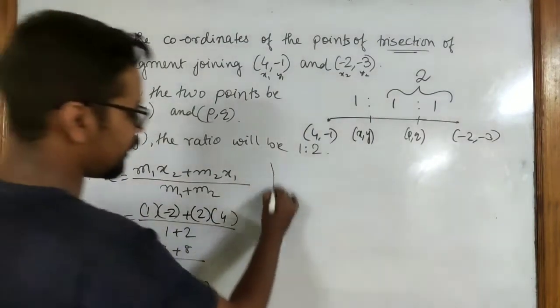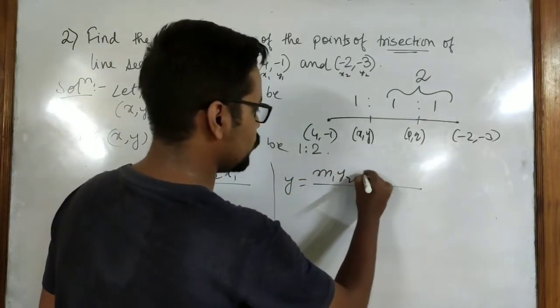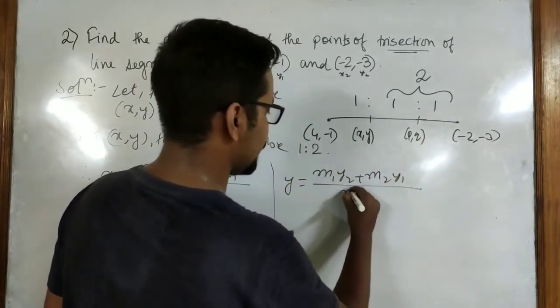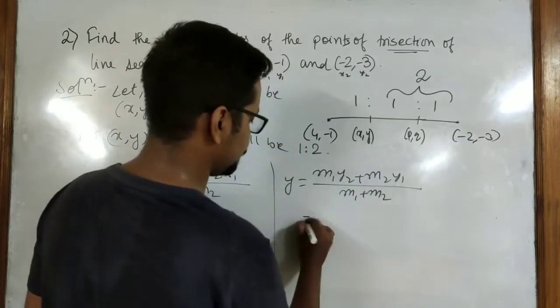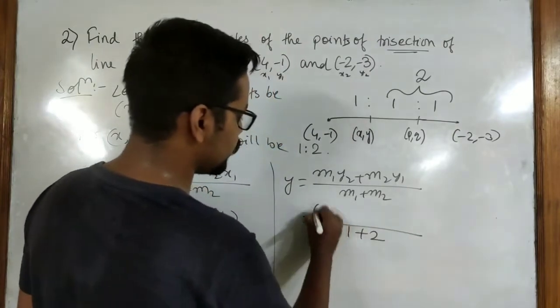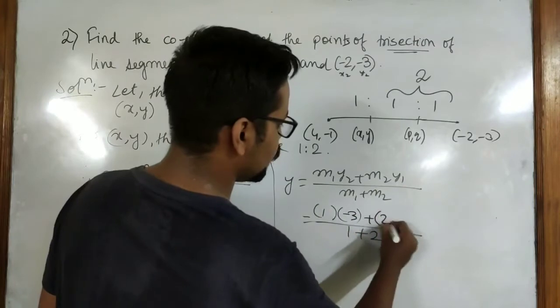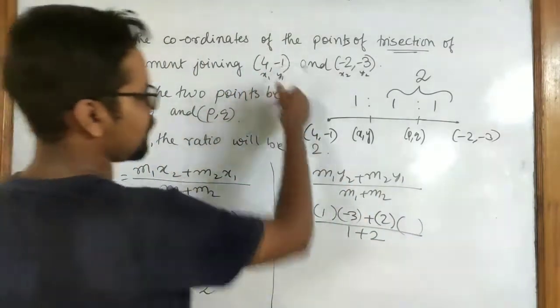Similarly we need to find y, and the formula of y we also know. It is again m1 y2 plus m2 y1 by m1 plus m2. m1 is 1, m2 is 2, so here also 1, and y2 is minus 3, m2 is 2, and y1 is minus 1.